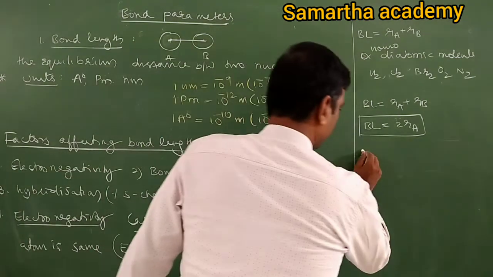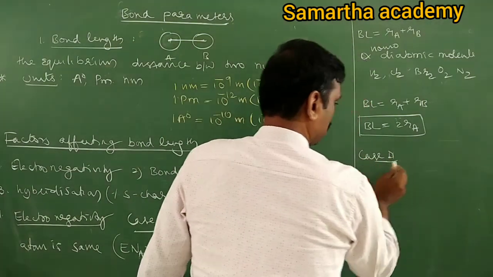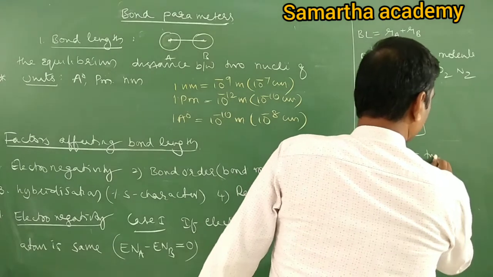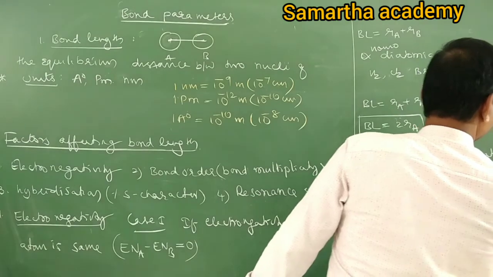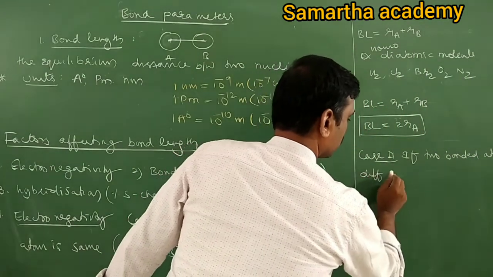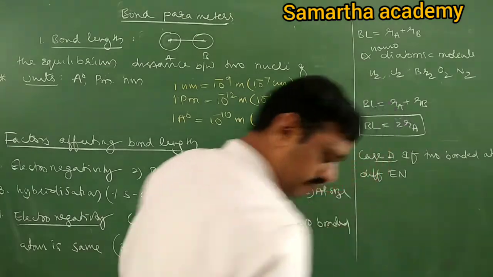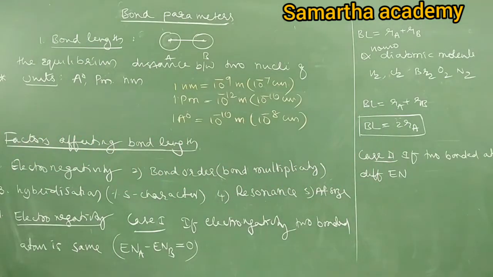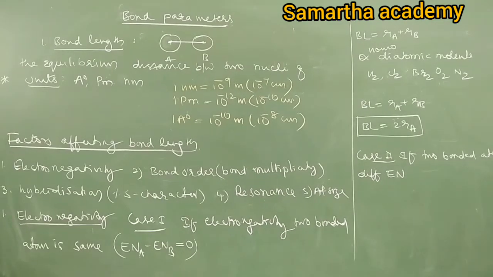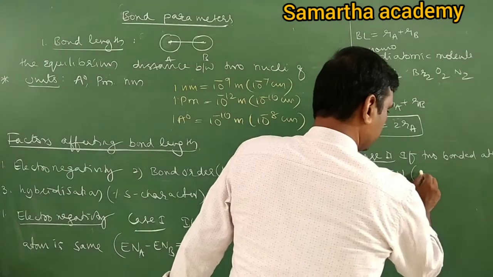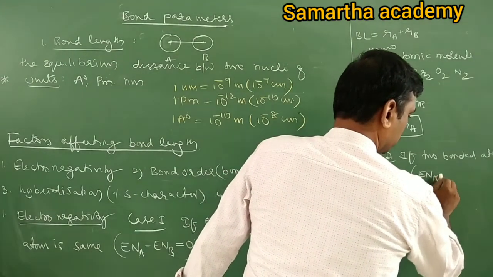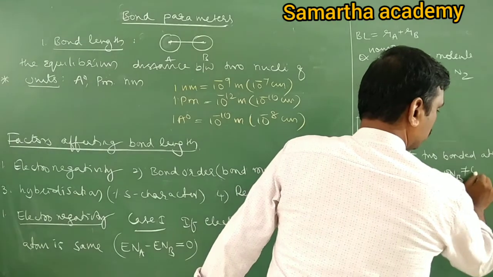Case 2. In the second case, if the two bonded atoms have different electronegativities, what is the bond length? That means ENA minus ENB is not equal to 0.